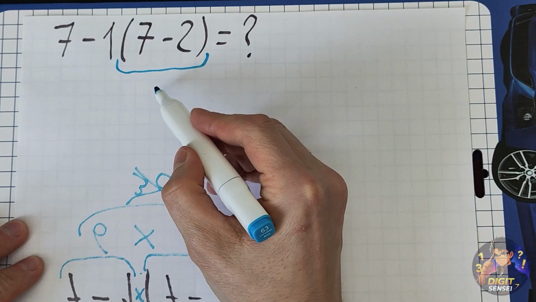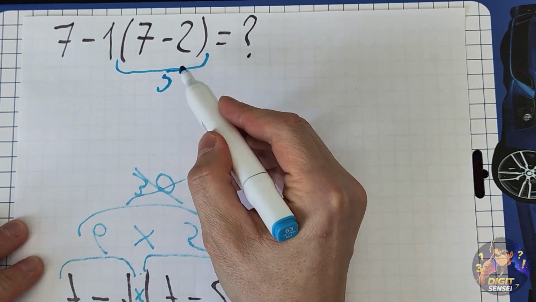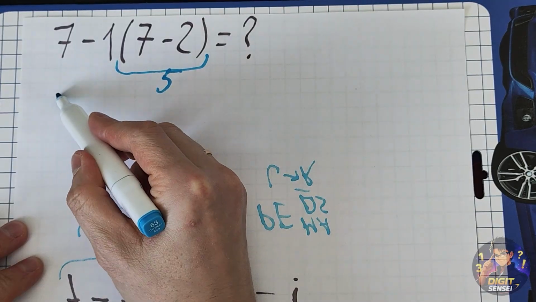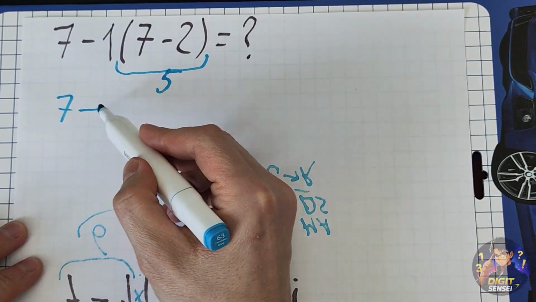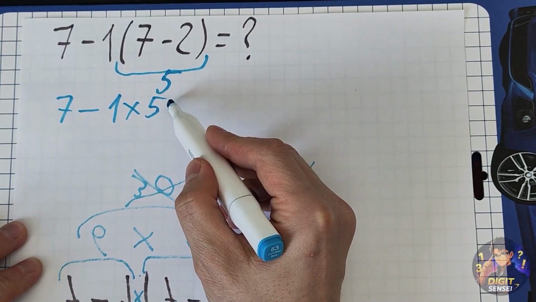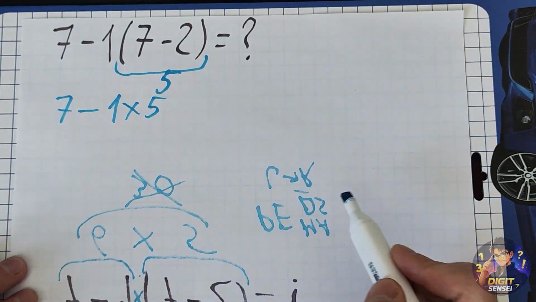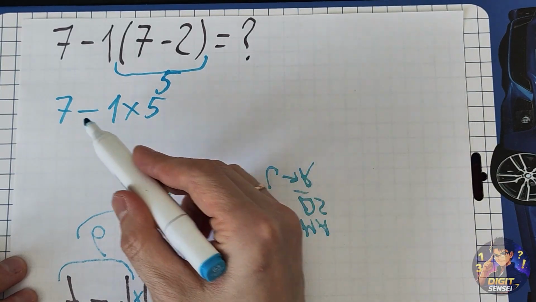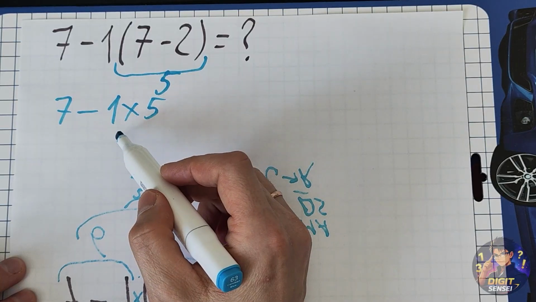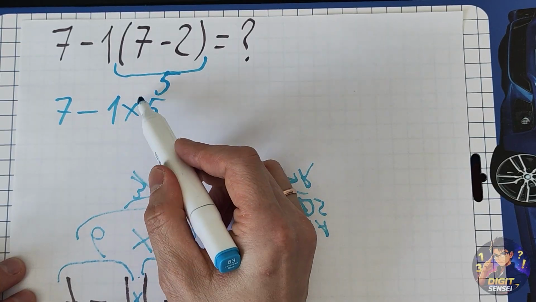So first we have to do this parenthesis. Inside this parenthesis we have 7 minus 2, which equals 5. So 7 minus 1 times 5. Well, we have one subtraction and one multiplication. According to PEMDAS, multiplication has higher priority than subtraction because multiplication comes before subtraction.